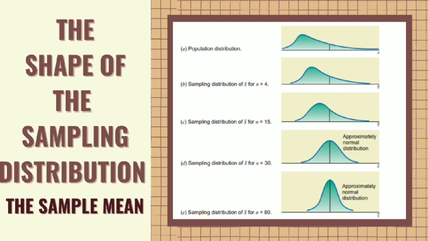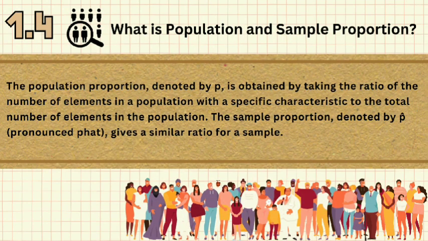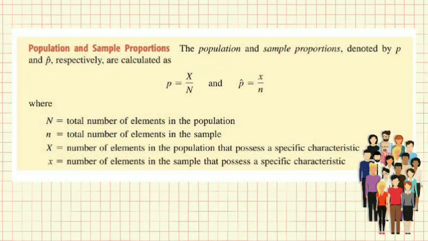Now, let us jump to the next type of sampling distribution, the sampling distribution of the sample proportion, to be discussed by Hannah Vinchal Igway. What are population and sample proportion? The population proportion, denoted by P, is obtained by taking the ratio of the number of elements in a population that possess a specific characteristic, while the sample proportion, denoted by p hat, gives a similar ratio for a sample, or p hat equals x over n.